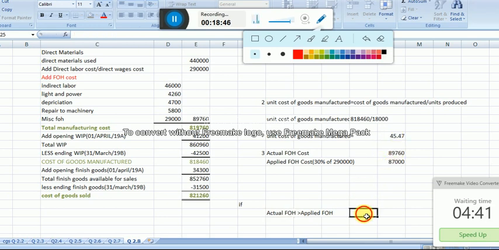It means our calculation is under applied.